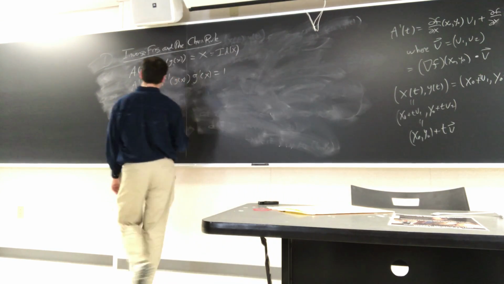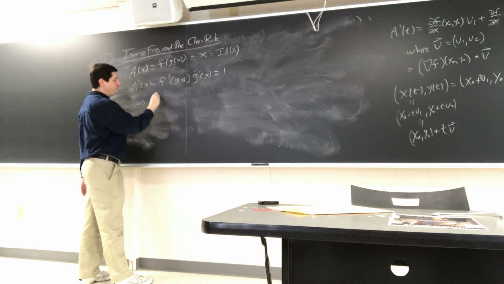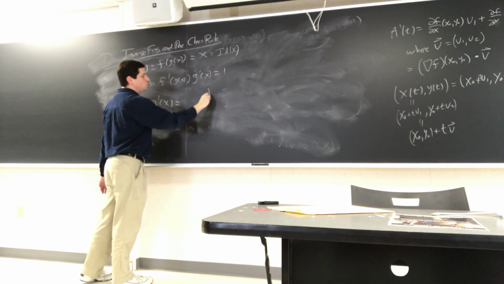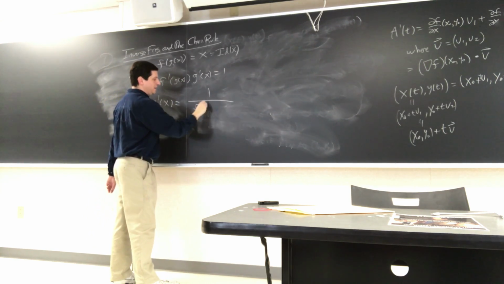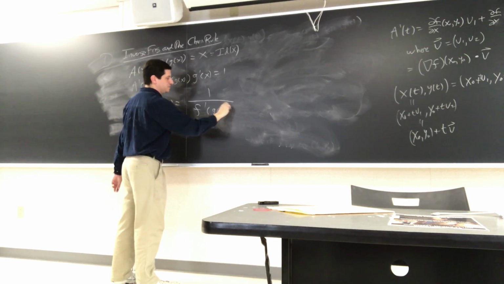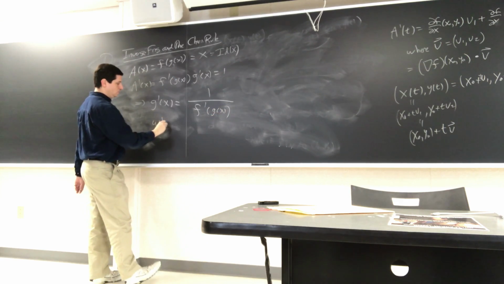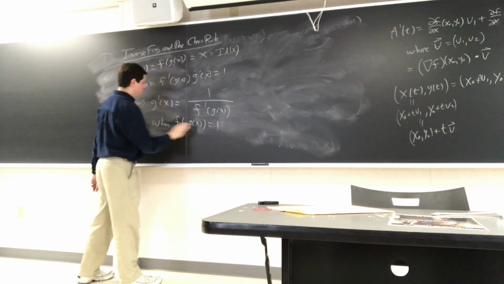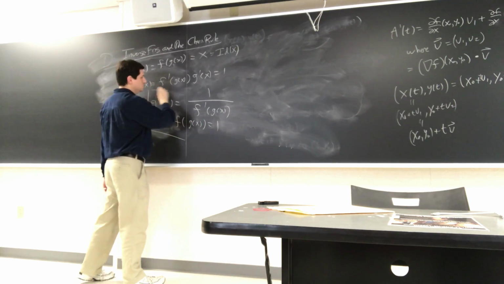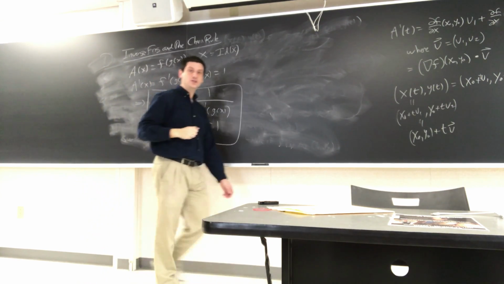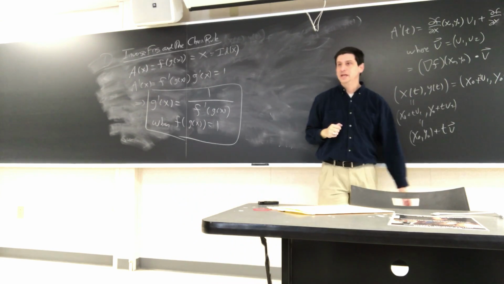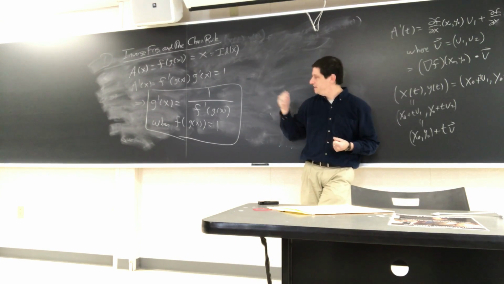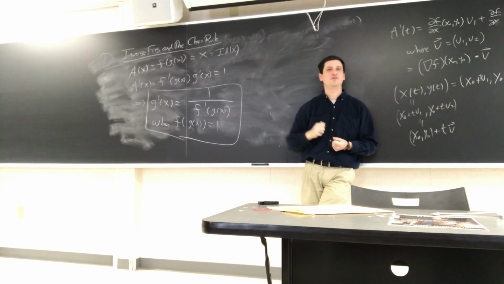We get g prime of x is 1 divided by f prime at g of x, when f of g of x equals x. So this is a terrific result. If f and g are inverse functions, if I know the derivative of f, I now know the derivative of g.